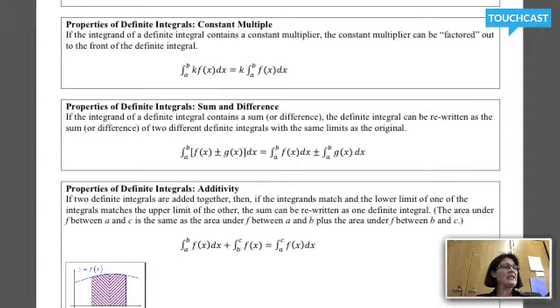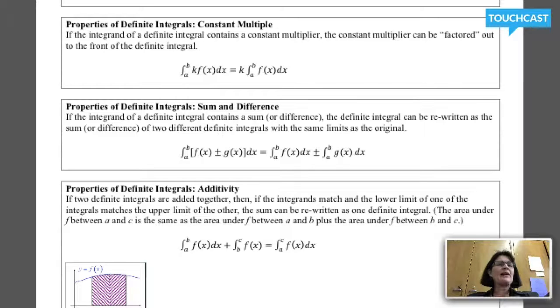If the function that serves as your integrand has a constant multiplier in it, you can factor that multiplier out to the front. So just know what's happening there. My integral is really height times width plus height times width plus height times width, for a bunch of rectangles, right, to find their areas and add them up.